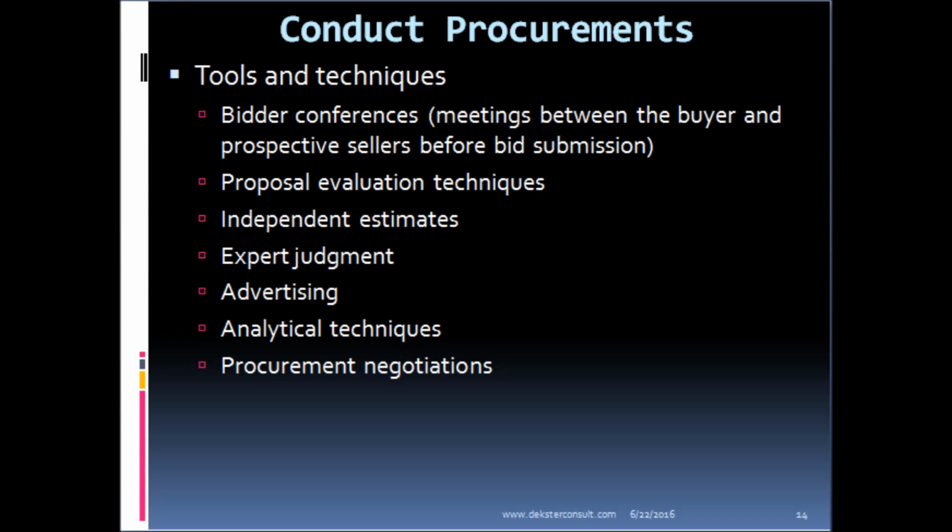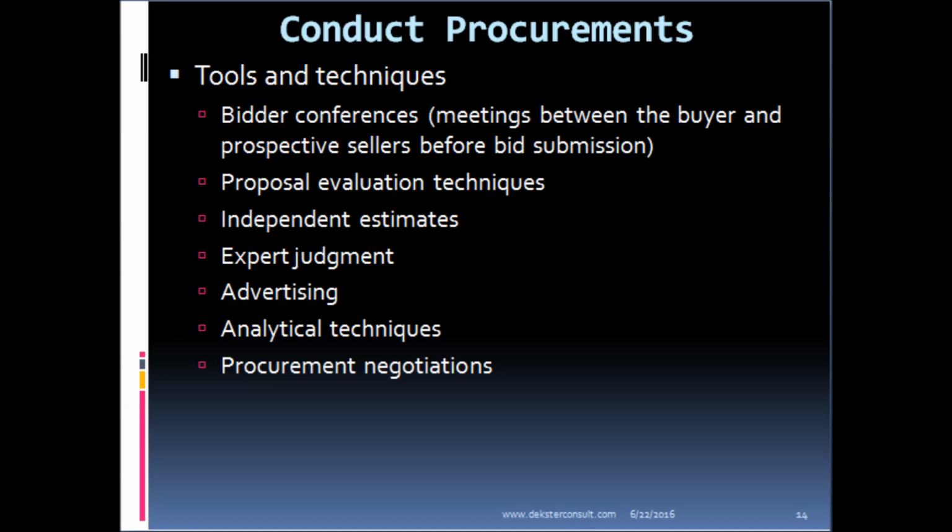Tools and techniques which will be made use of during the conduct procurement process. We will hold bidder conferences, meetings between the buyer and the prospective sellers before bid submission. We'll be making use of proposal evaluation techniques to help us evaluate proposals from sellers.